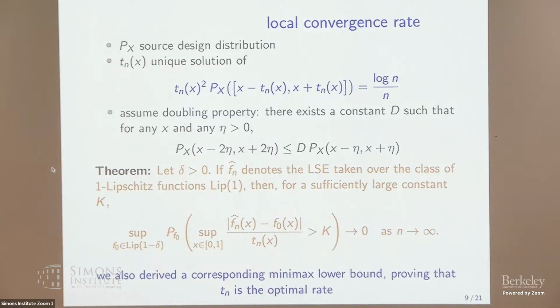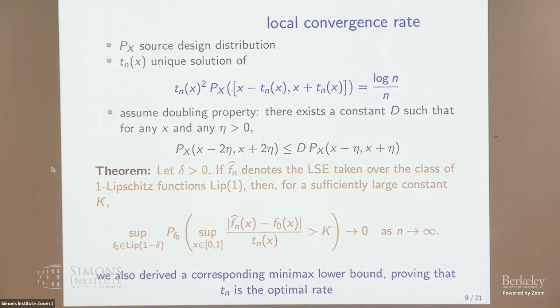Okay, so what's the result here? So the result is the local rate is given by an equation. And so we can show that this equation here, where you take the design density and you look at every point x on how much mass it gives to an interval of length 2tn around x, centered at x.